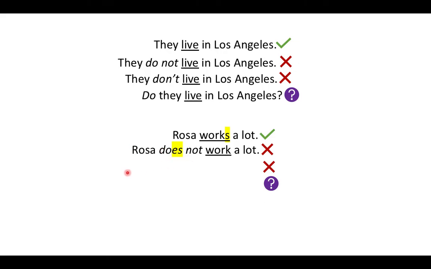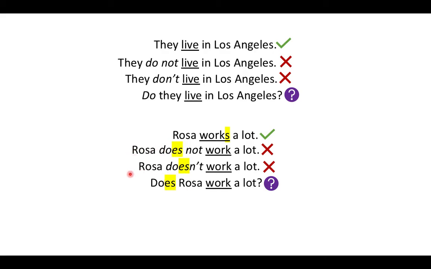If we said the dog, it also would be the dog does not. So this one, Rosa doesn't work a lot. Doesn't and does not, same. These are the same thing. And to make it a question, we just say, does Rosa work a lot?